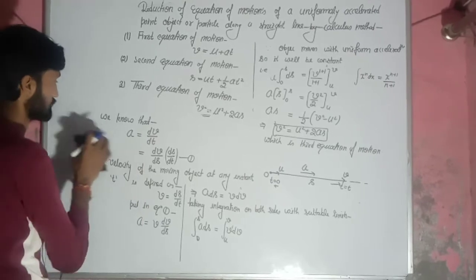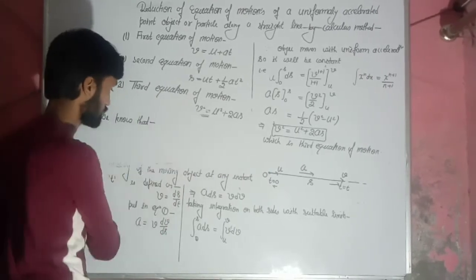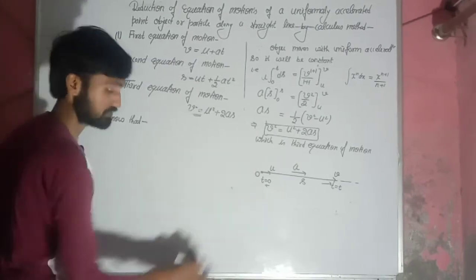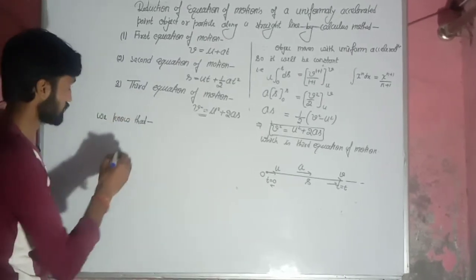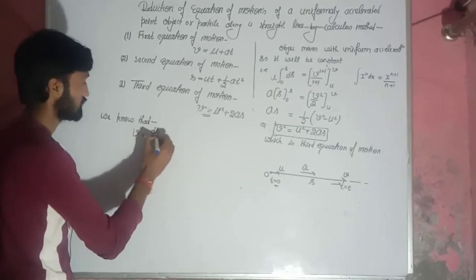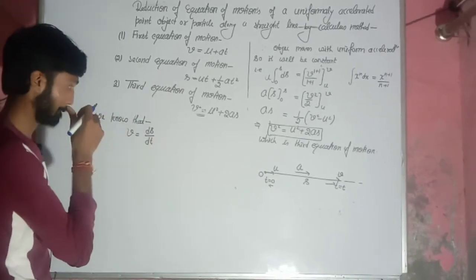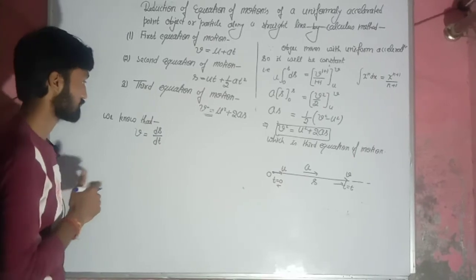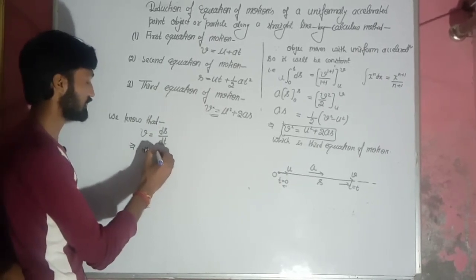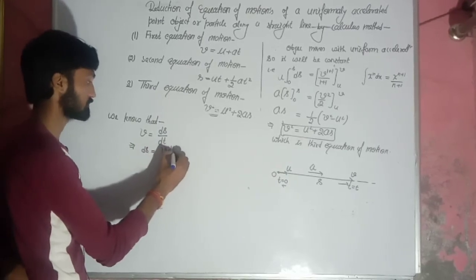Now after that, we know that velocity is defined as the rate of change of displacement. Now it implies that we can write this equation like that: v ds equals to v dt.